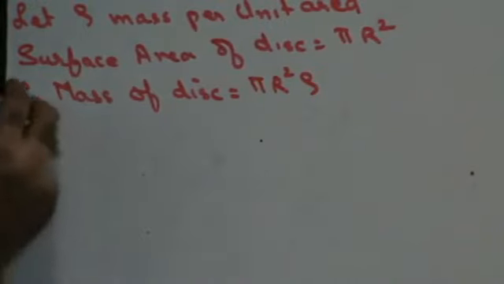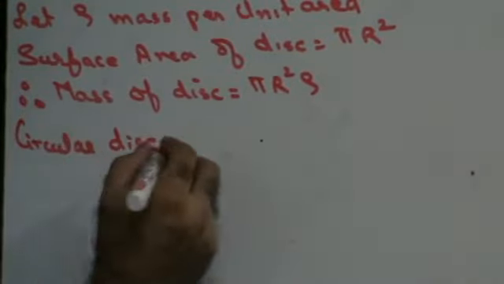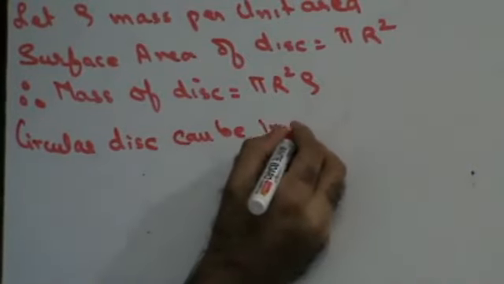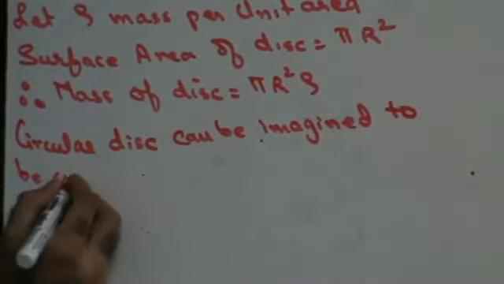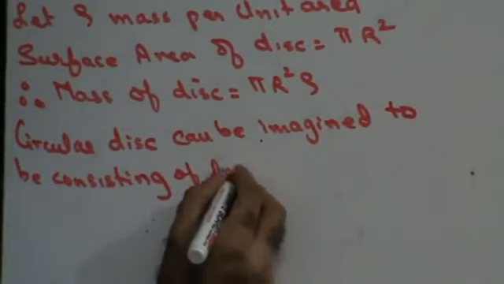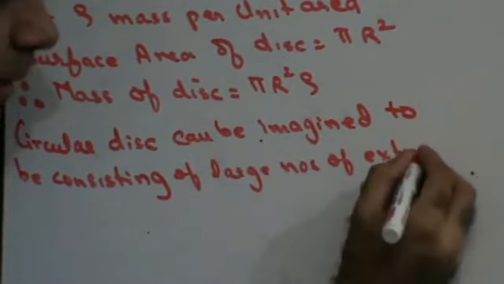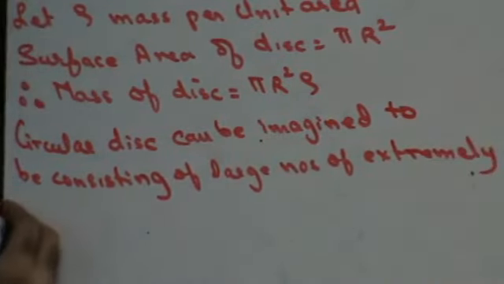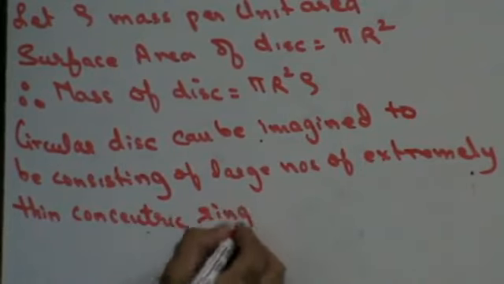Now the circular disc can be imagined to be consisting of a large number of extremely thin concentric rings, right?